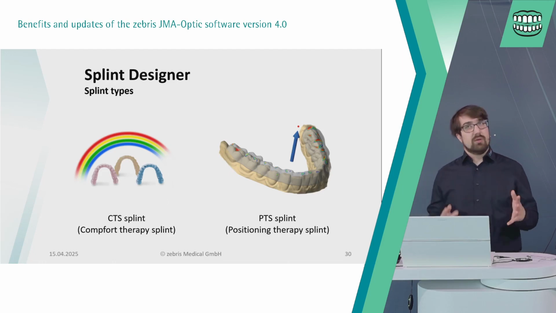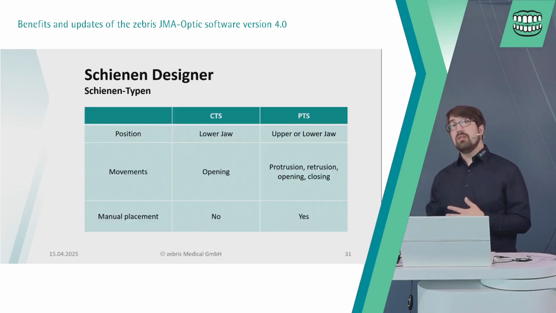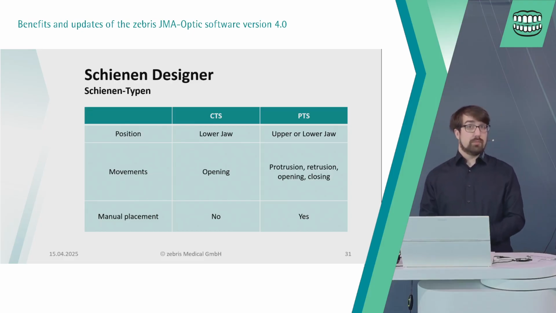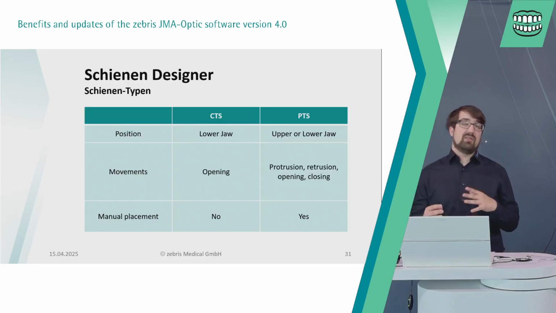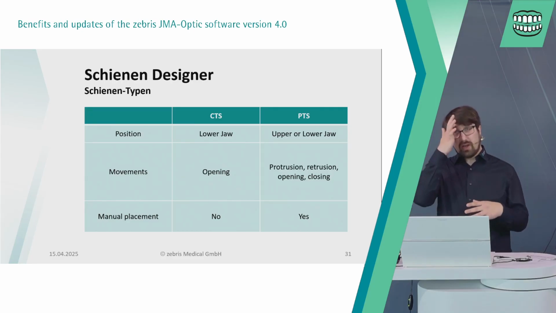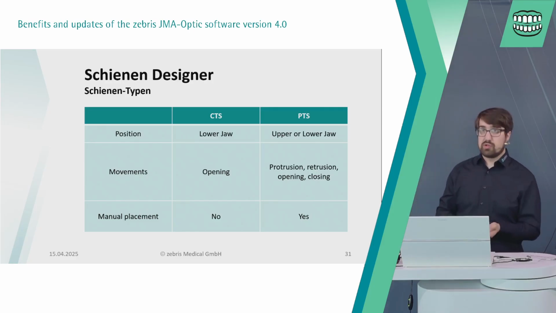And they are really simple of the occlusal surface, but with the CTS splints, it's really easy to design because you select the lower jaw, define the positioning based on the opening movements of your patient, and you have no manual placement of the discus condyle in our software, like you know it from the manual therapeutic position.